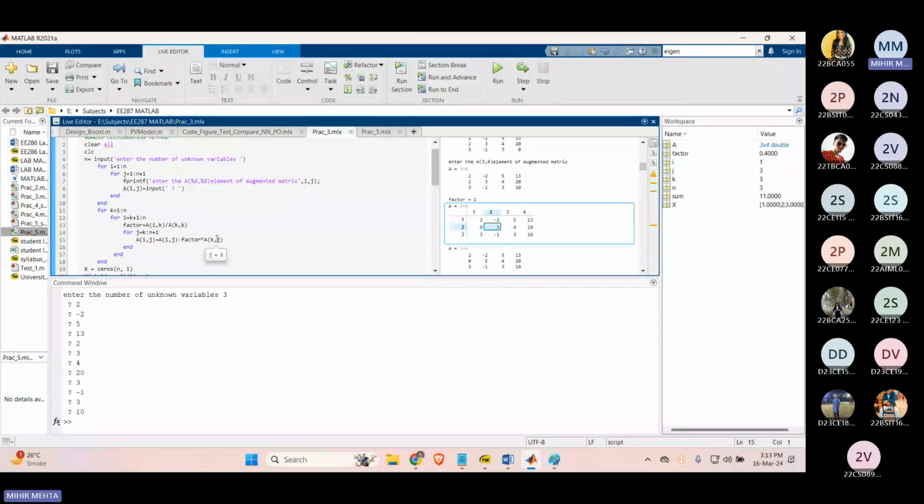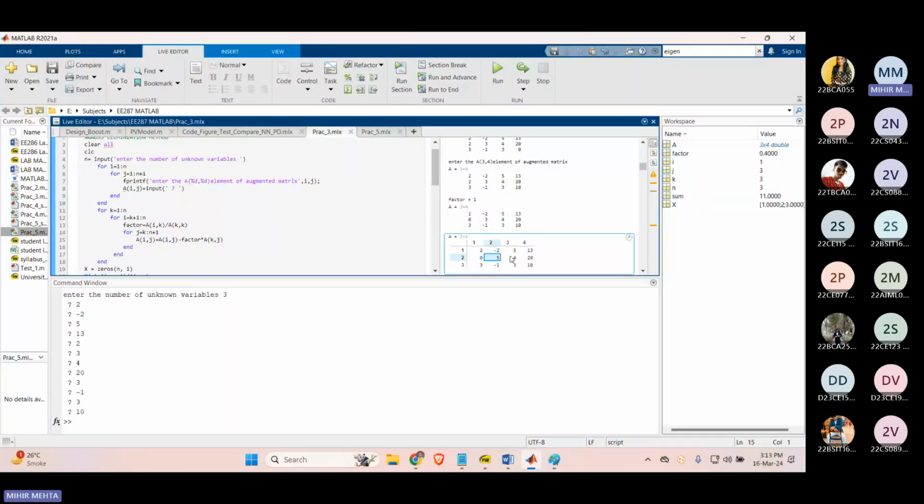AKJ is nothing but my value of k is 1, value of j is 2, so that is 1, 2. So 3 minus factor is 1 and multiplied by this term, that is minus 2. So 3 minus 1 into minus 2. So that is 3 plus 2. That gives me my answer, this particular value of A22 is equal to 5. Is this clear?